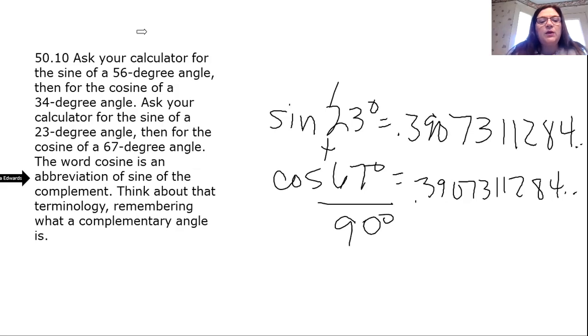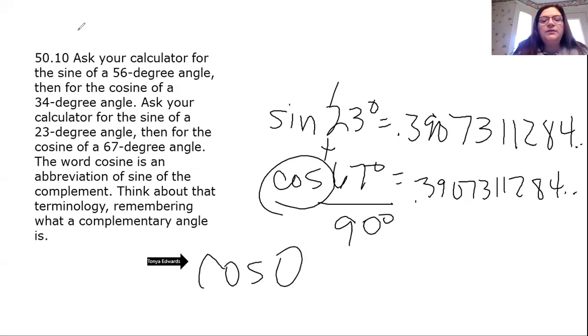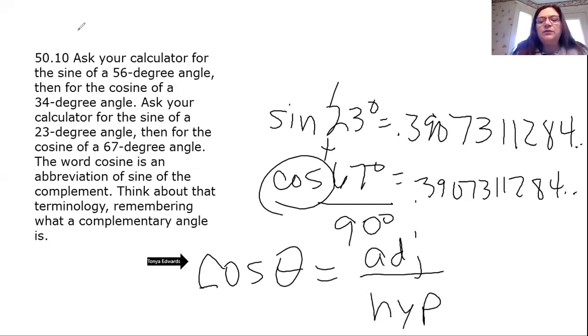Complement of sine is cosine. And we do abbreviate it COS. Cosine of any angle is the adjacent side divided by the hypotenuse.